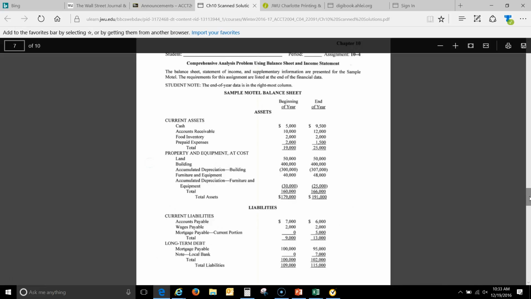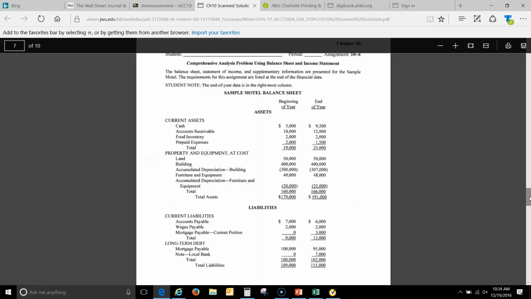How much is this year's? Is it better to have more assets per dollar of liability? Higher is better.